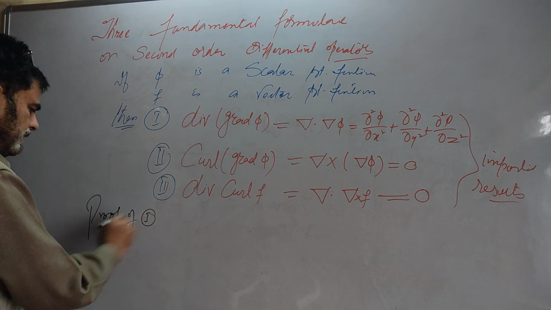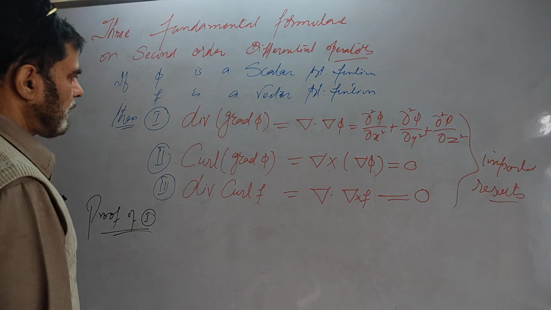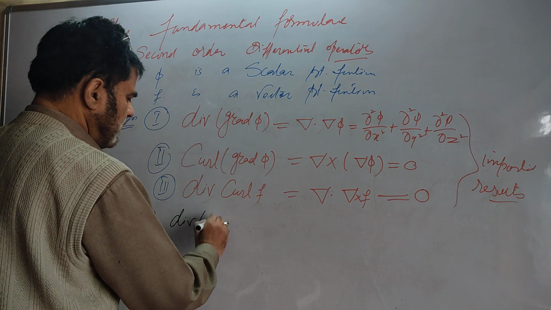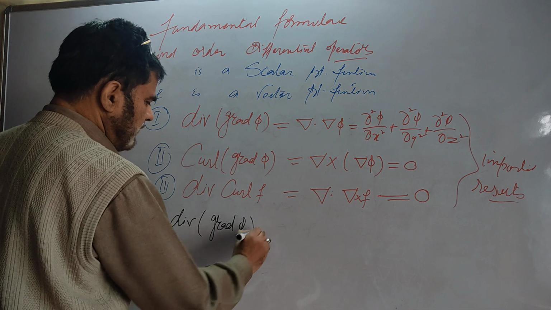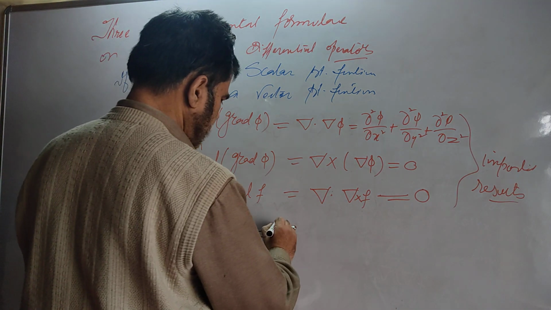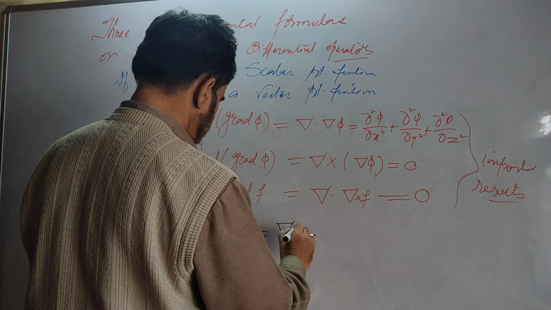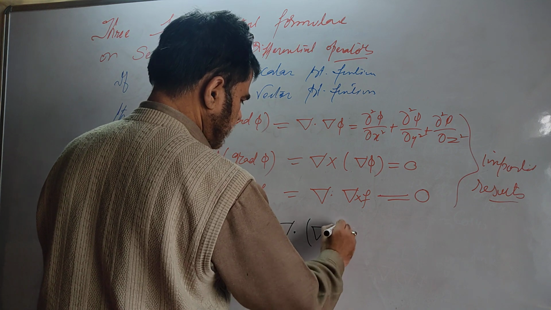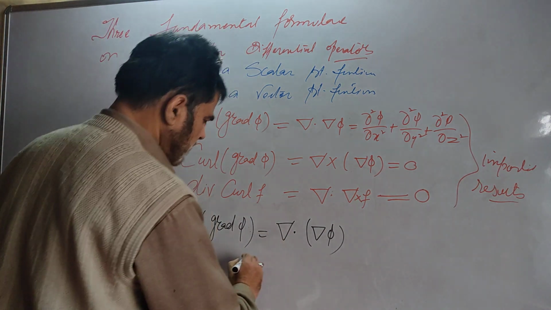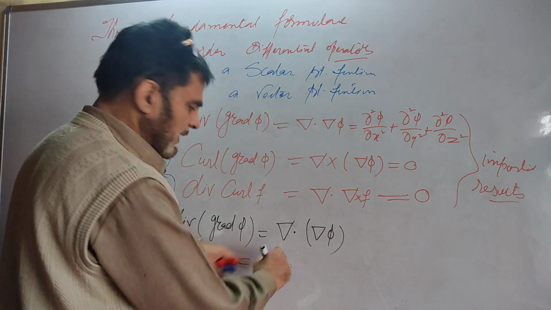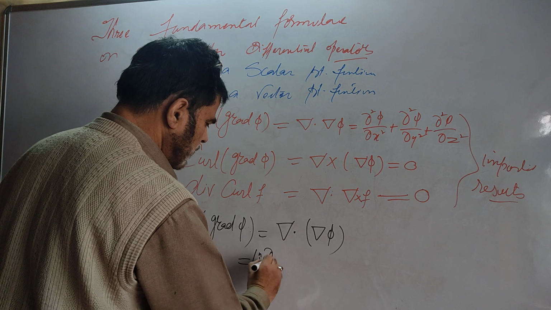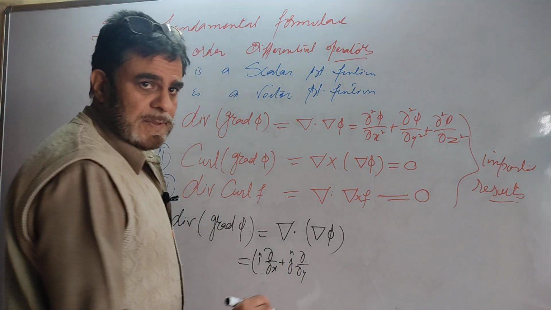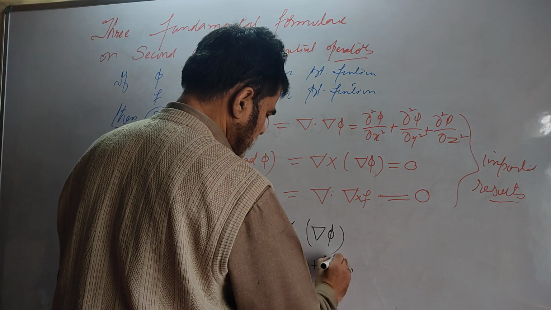Proof of the first result. We have the divergence of gradient of phi. You know it is equal to del dot gradient of phi, del dot del phi. Well, the del has its own vectorial character. It is i dou by dou x plus unit vector j dou by dou y plus unit vector k dou by dou z.